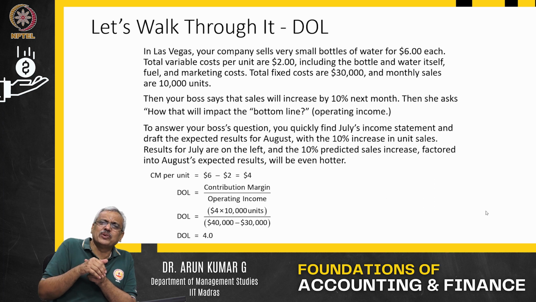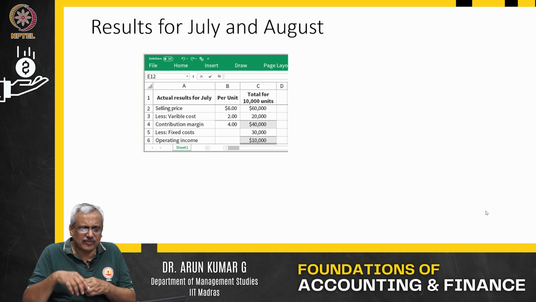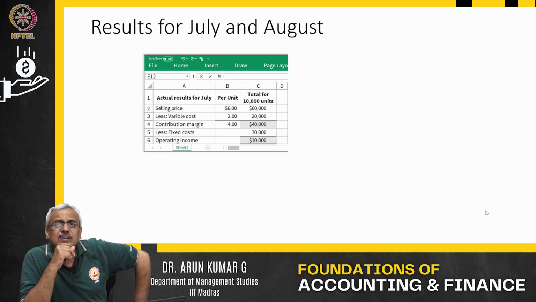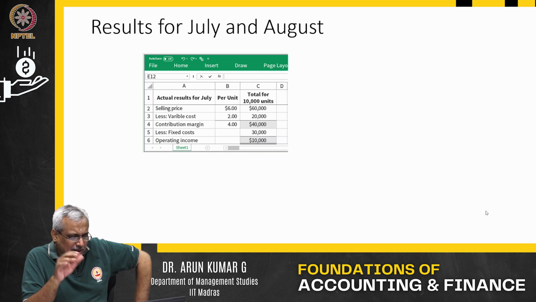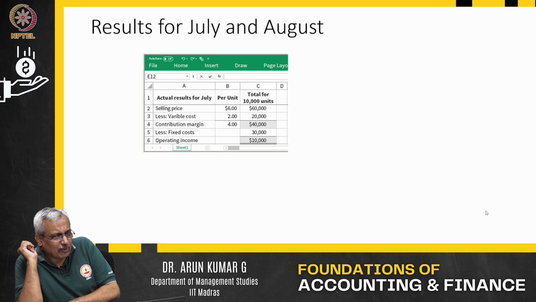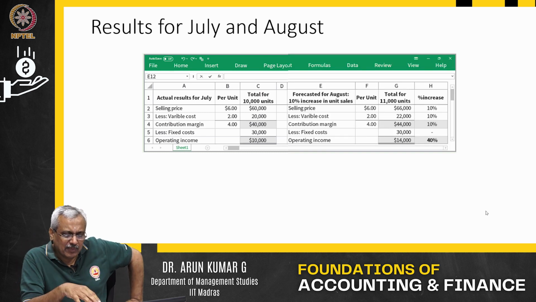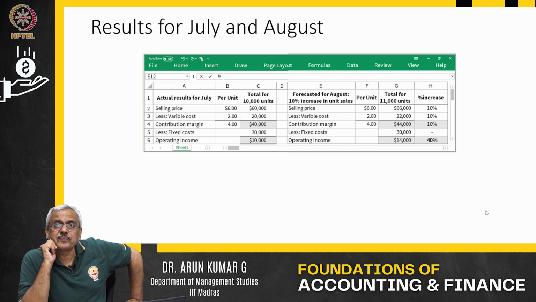Sir, how is it going to be useful? Just wait, let's move to the next slide. Now, the results of July: you are selling 10,000 units, your operating income is 10,000, beautiful. Now let us go to August. My increase in sale is 10%.